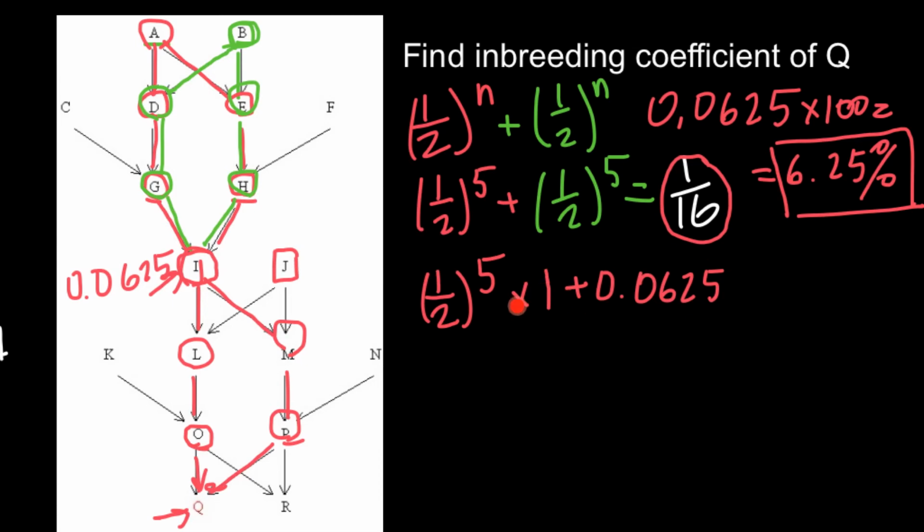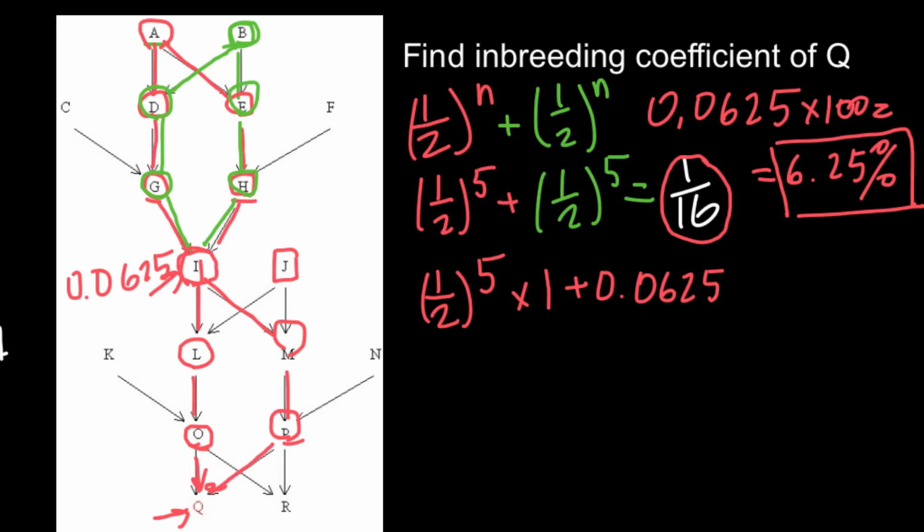I also can put this 1 in all these calculations here, but it was clear that here we do not have any inbreeding, so I just didn't use this part. But now we have to use this part to specify that individual I is inbred.